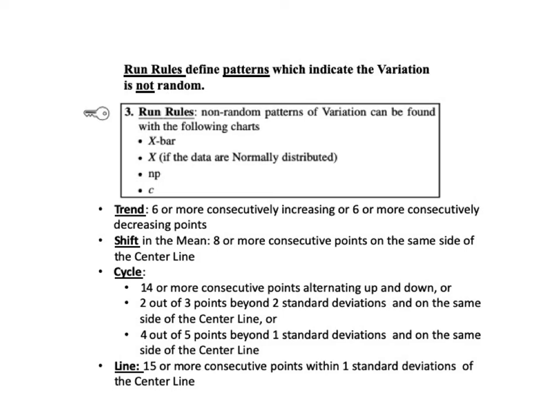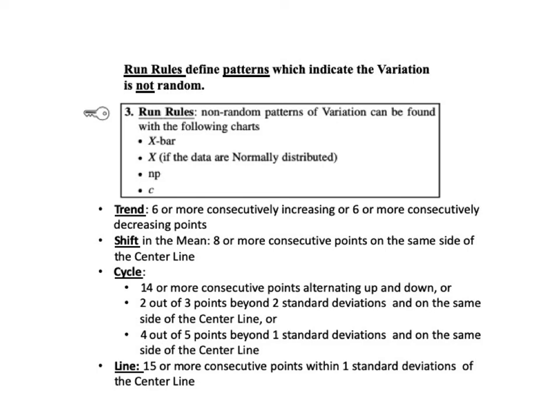A trend is 6 or more consecutively increasing data points, or 6 or more consecutively decreasing data points. A shift in the mean is indicated by 8 or more consecutive points on the same side of the center line.